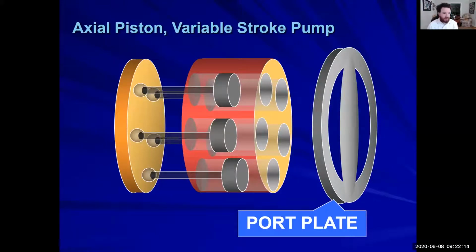So in order to differentiate inlet fluid and outlet fluid, we're going to use this port plate. It's going to line up with 2 of the 5 at a time. And this is how we're going to be separating our fluids from the inlet and the outlet fluids.